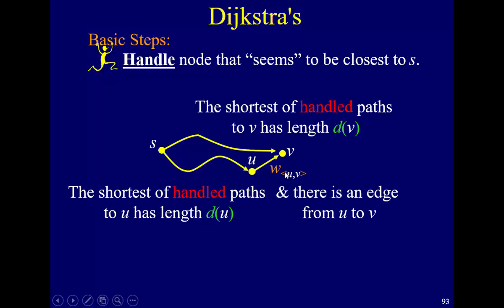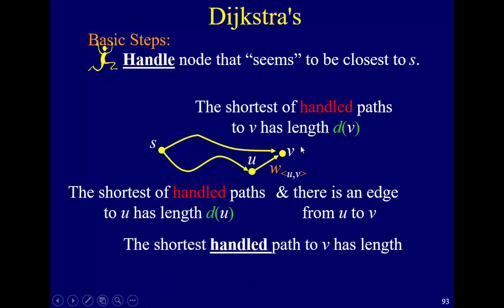U has the smallest d value, so we look at that edge, and then we look at the length of this path. So what's the shortest handled path to V now? Well, it's either the path we had before, which is this, or it's the new path, which is this. And we make it the smaller of the two. Right? Are people good?